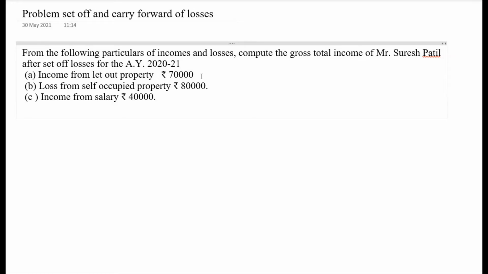Then D, profit from speculative business rupees 1 lakh.